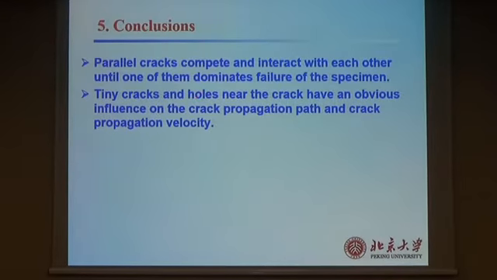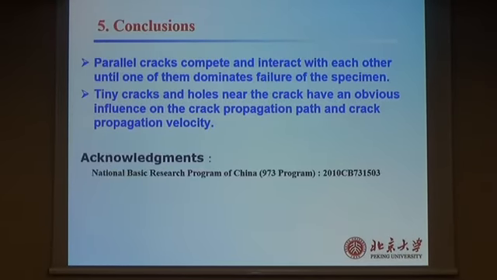And if there are tiny holes and damage around the crack tip area, or even the crack moving path, they also affect the crack moving path and even the velocity, even making the crack stay there for a moment. So this is all the result.